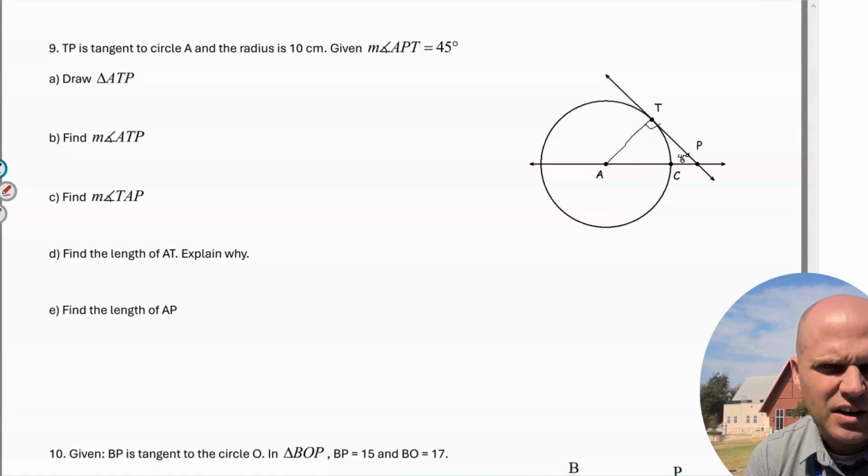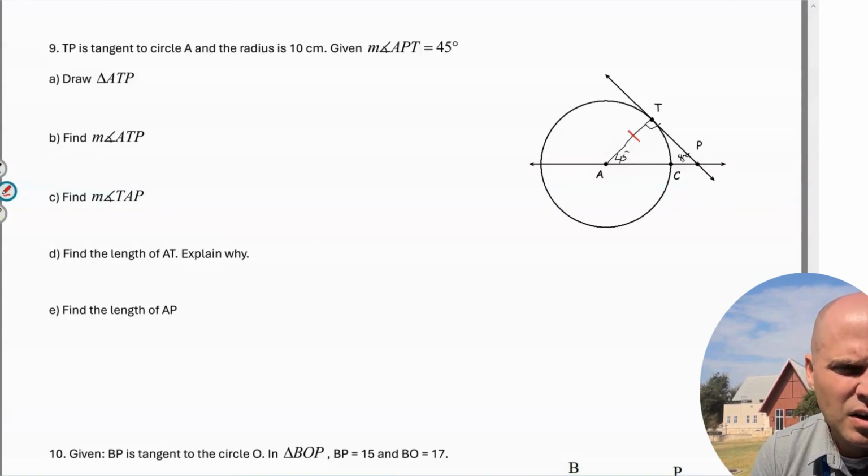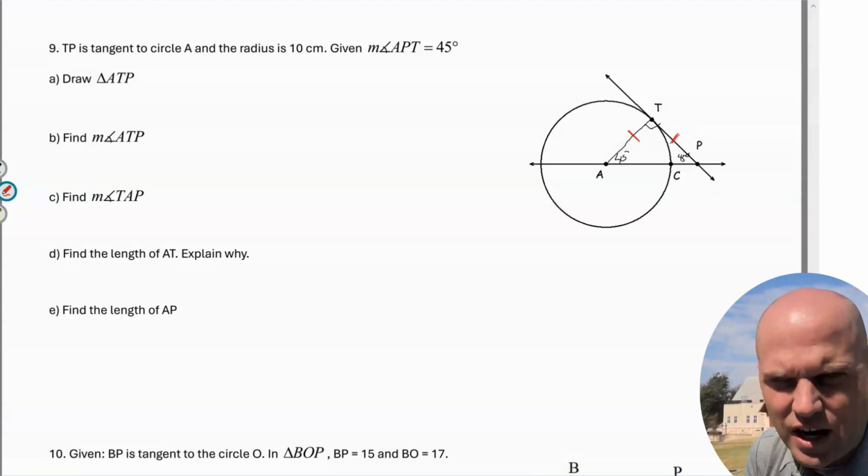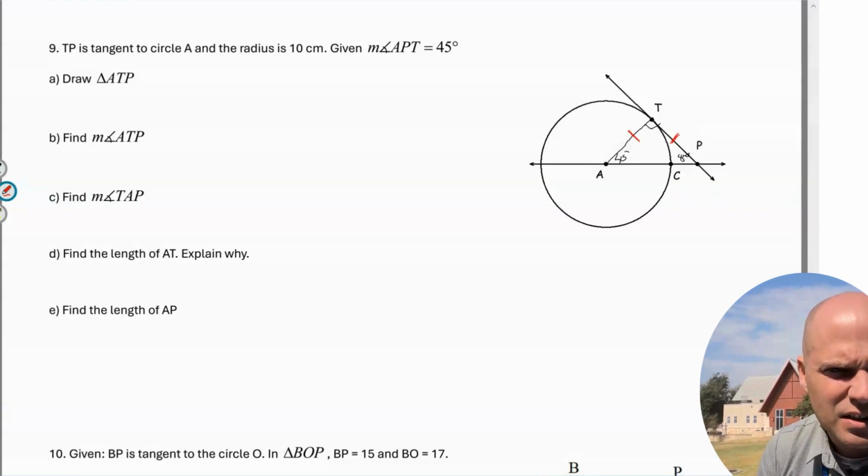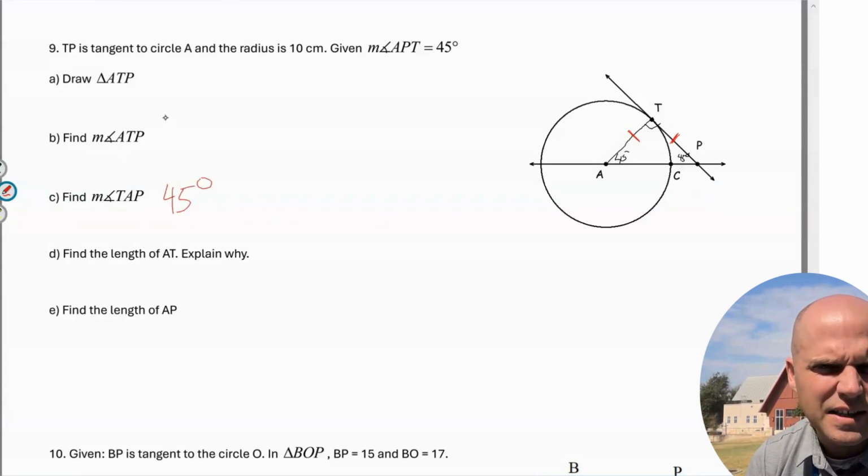If this is 90 degrees and this is 45, this has to be 45. That means this length must be equal to that length, because it's an isosceles triangle: opposite sides are equal if opposite angles are equal. So TAP is also 45 degrees. ATP is going to be 90 degrees.